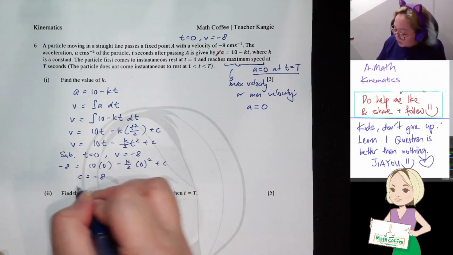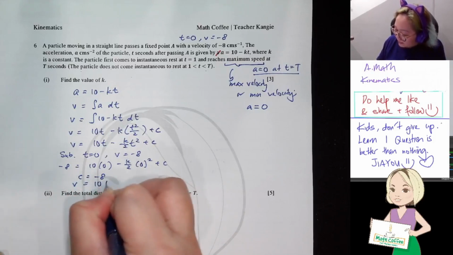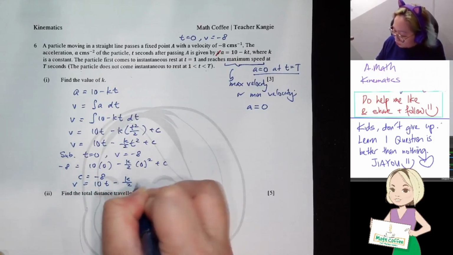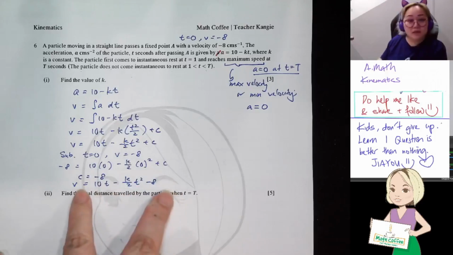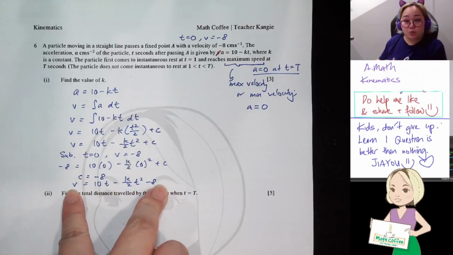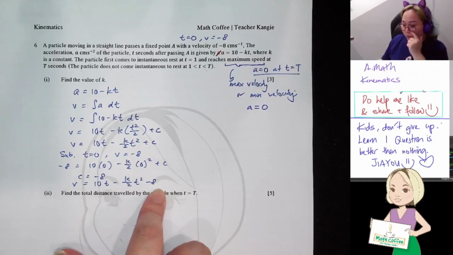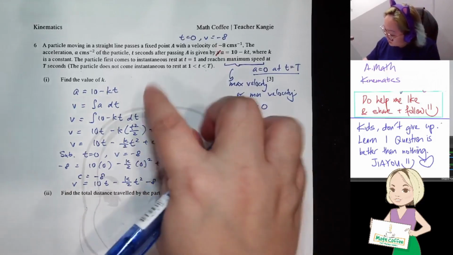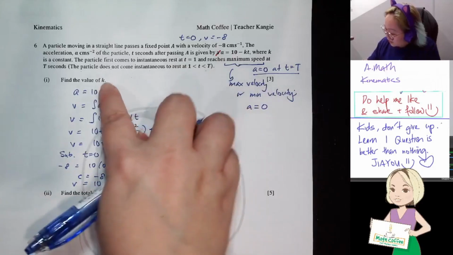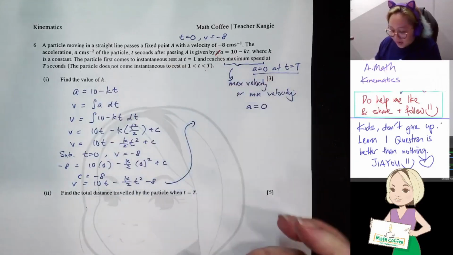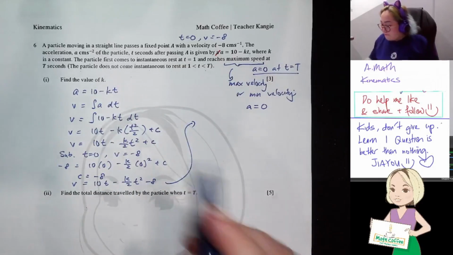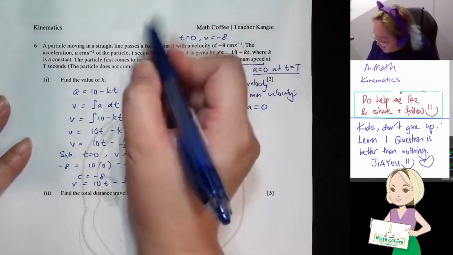So with this, I know that my v is equals to 10t minus k over 2 t squared minus 8. So this is your v expression, complete with the c that is found. Next is, to solve the k, I need to sub in v here, see here, this one.